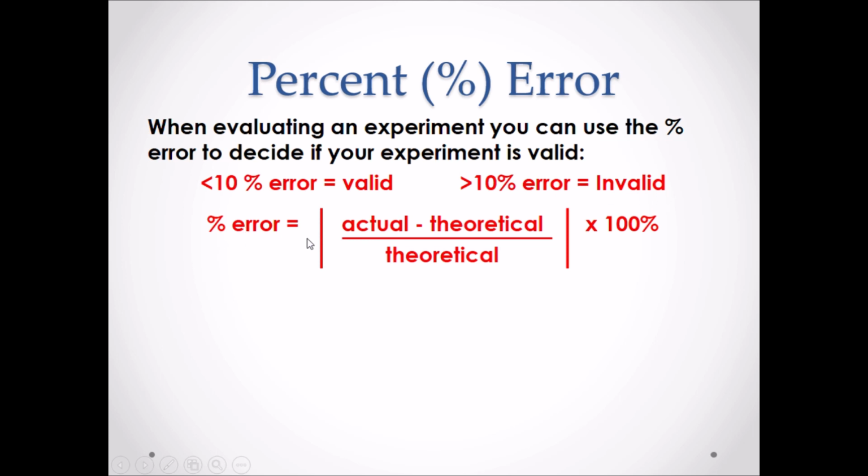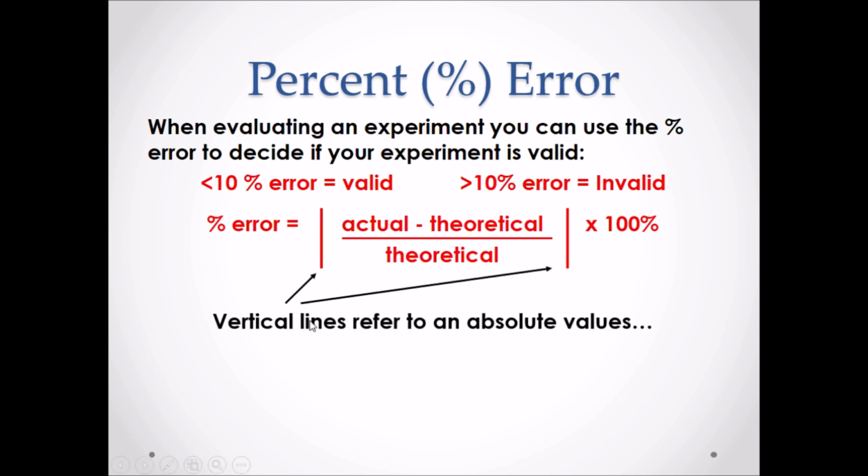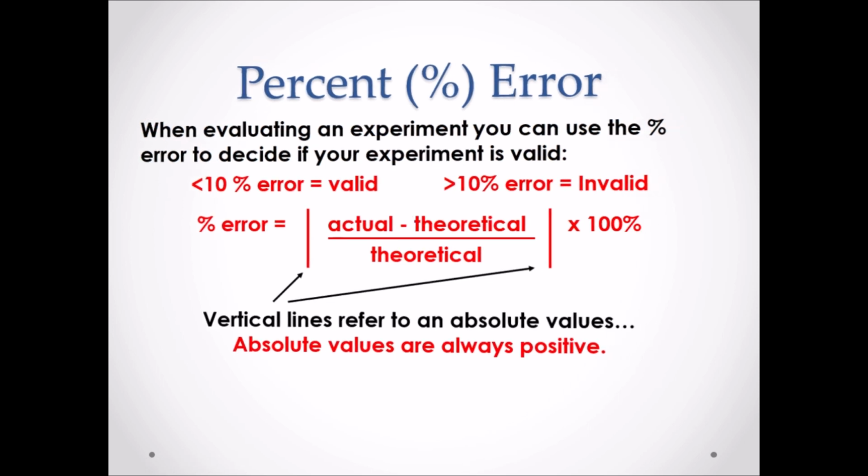Percent error is equal to the absolute value of the actual minus the theoretical, divided by theoretical, times 100%. The vertical lines in the equation refer to absolute values, meaning that regardless if the value calculated is positive or negative, we will always express that value as a positive number.